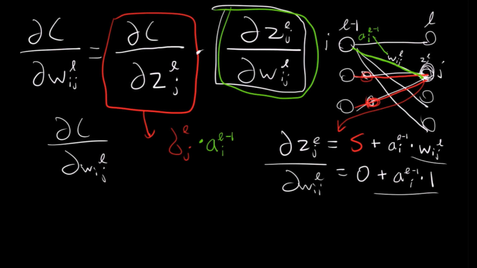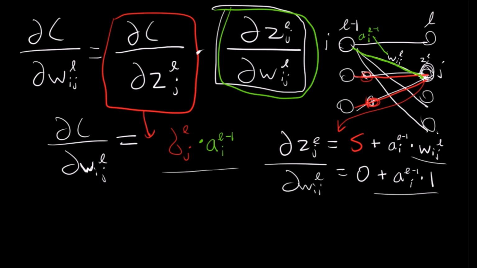A change to the ijth weight results in a rate of change of the cost with respect to weight W^L_ij that is just the delta value that we calculated earlier, delta^L_j times a^(L-1)_i. And that's really easy because we have all these numbers calculated beforehand.